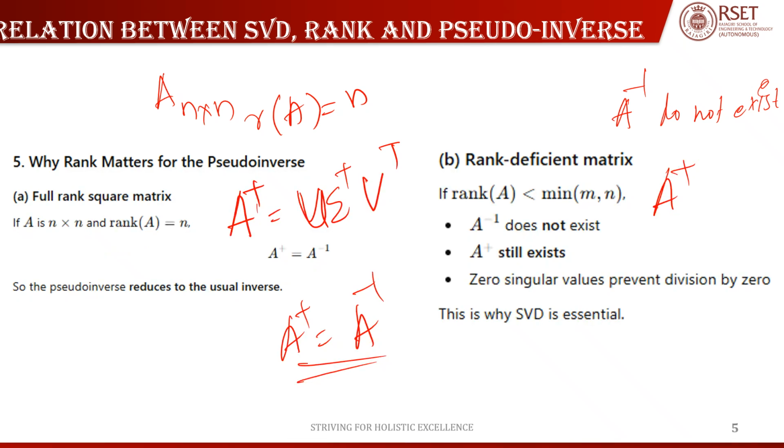Pseudo inverse exists in every order irrespective of the rank. That is the advantage of the pseudo inverse, and that's why we need to find it. In case the matrix has an inverse, the pseudo inverse will be equal to that inverse, and if it does not have an inverse, then we'll just have the pseudo inverse.